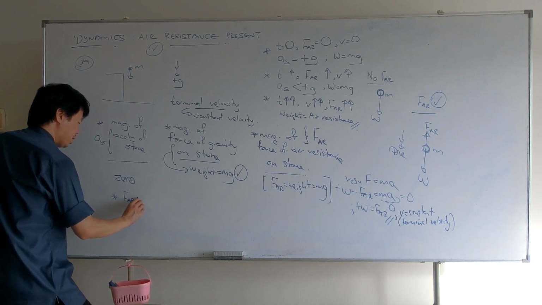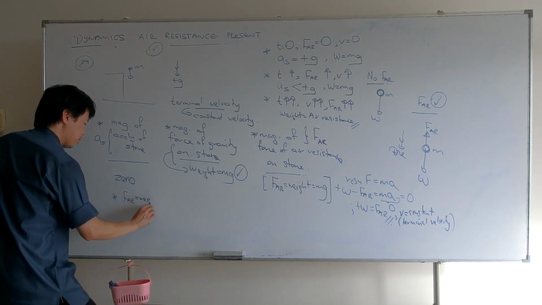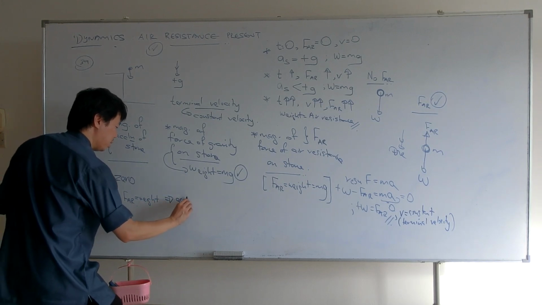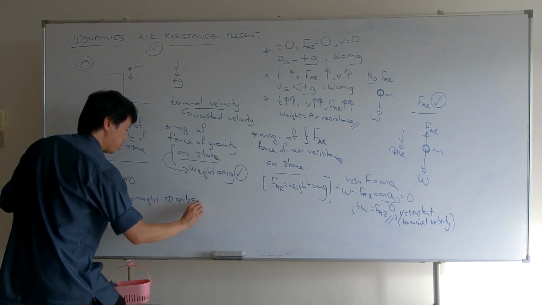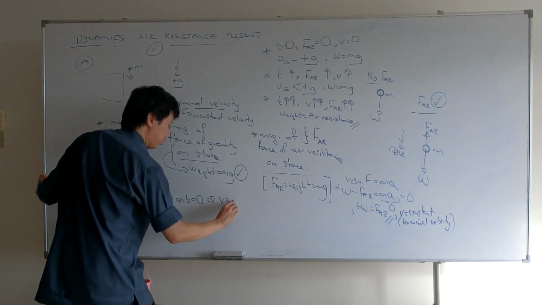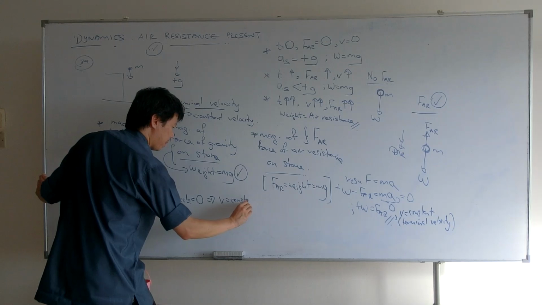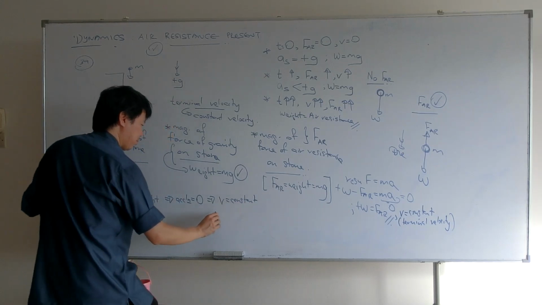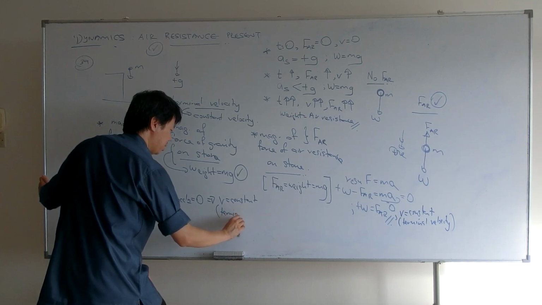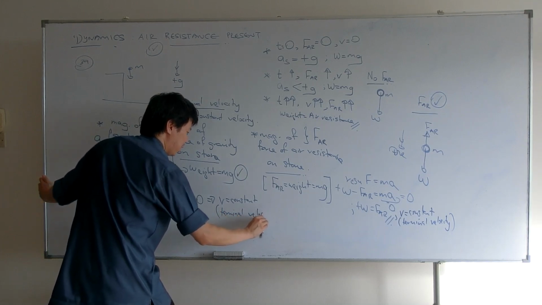When your air resistance is equal to weight, this will lead to your acceleration becoming 0, which will lead to your v being constant. And this phenomenon is called reaching terminal velocity.